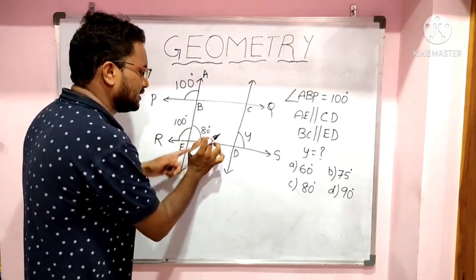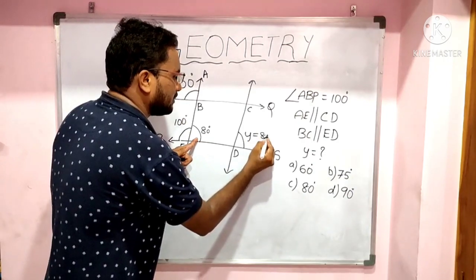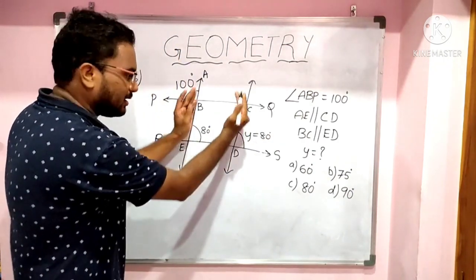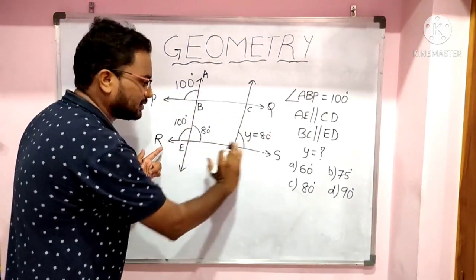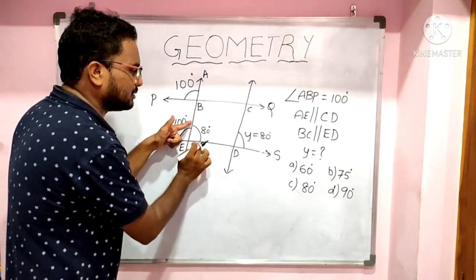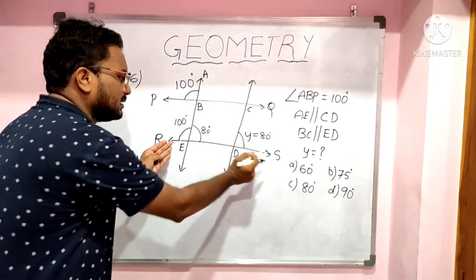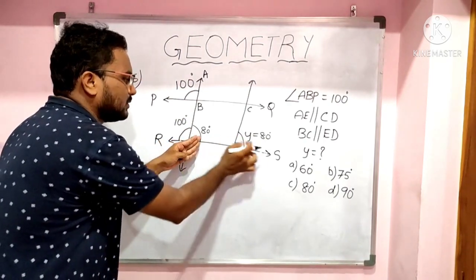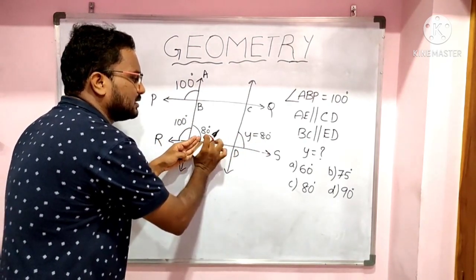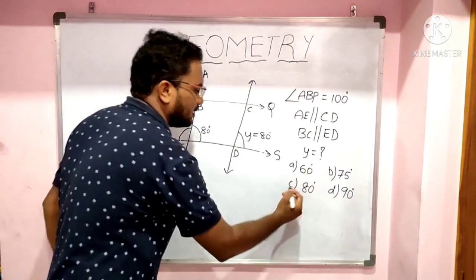If this is 80, then this should be 80 because these two lines are parallel and this is the transversal, so corresponding angles are equal. So the answer is 80 degrees.